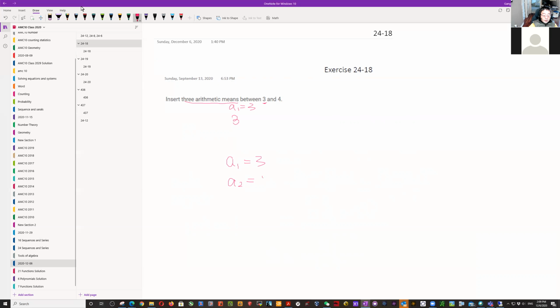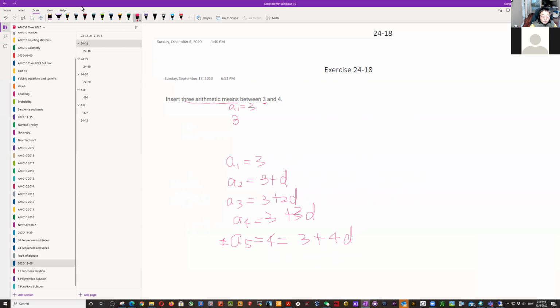A2 will be 3 plus d, A3 will be 3 plus 2d, and A4 equals 3 plus 3d. Then A5 is equal to 4, which is also equal to 3 plus 4d. If you understand the structure, it's extremely easy to do.